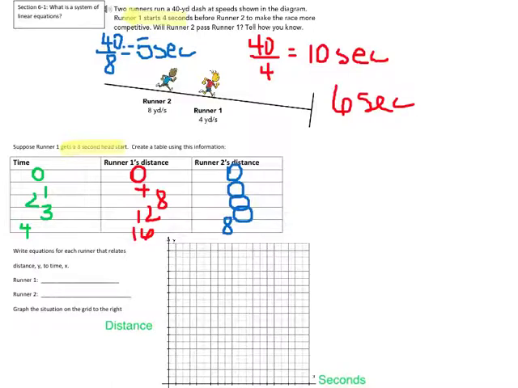So now, let's take a look at the graphs of those. I'm going to put runner 1 in red, like I have all of his numbers. I already have my axes labeled, and I'm going to title this 40-yard dash. So my title is 40-yard dash.